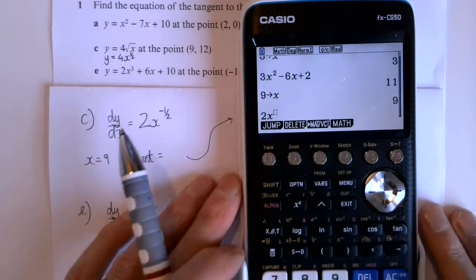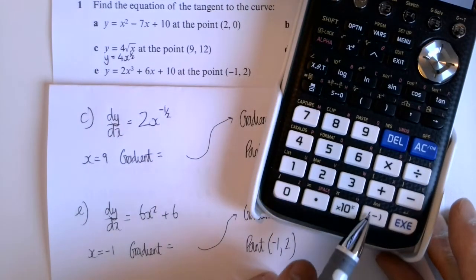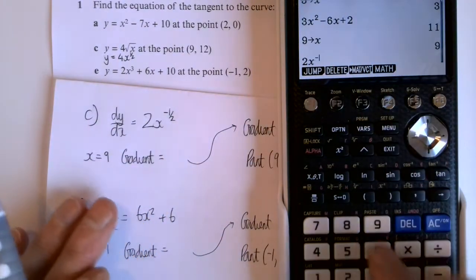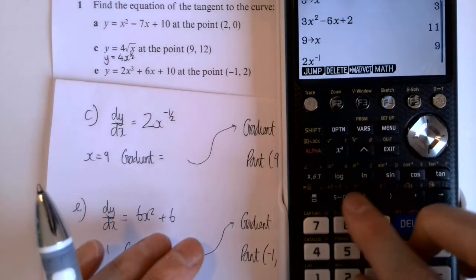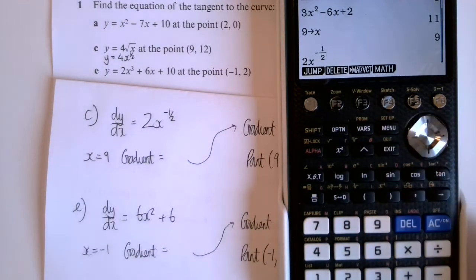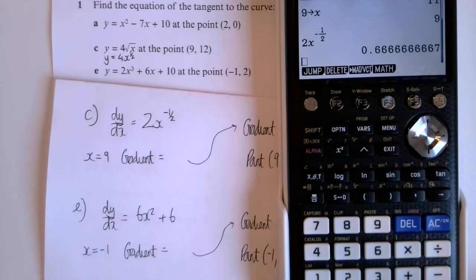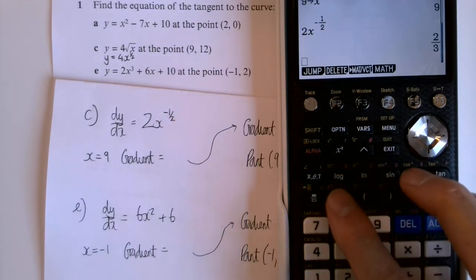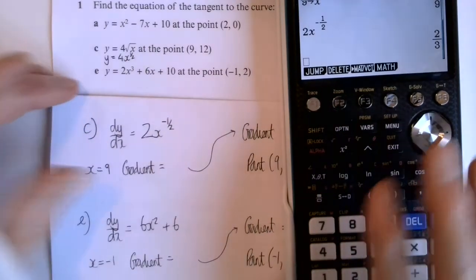Now I'm going to make sure I use the minus button to do minus a half. I could do minus 0.5 or do it like that. And that's interesting, it does it that way. Does it S to D back to 2/3? Yes, it does. There we go. So the gradient's 2/3 anyway.